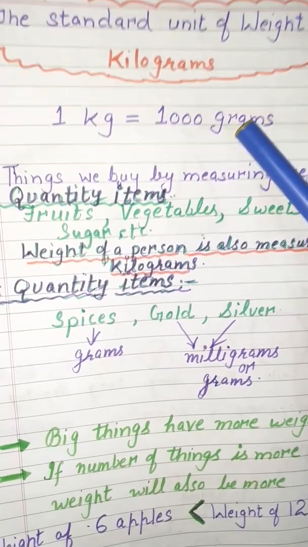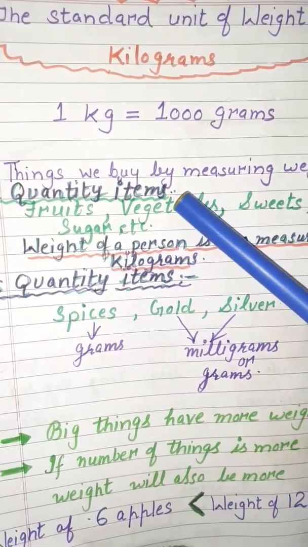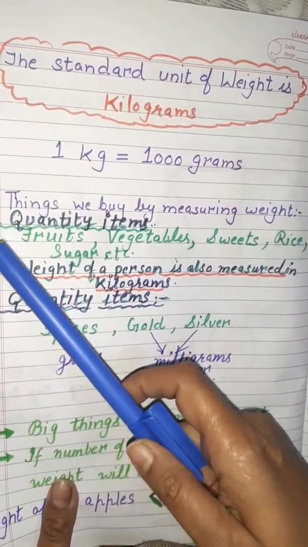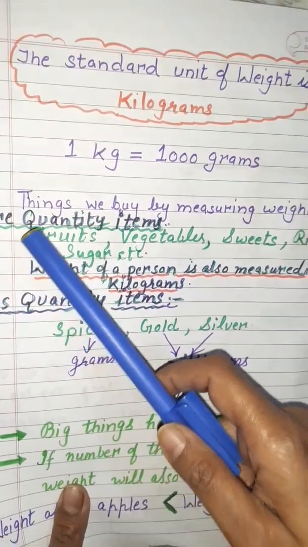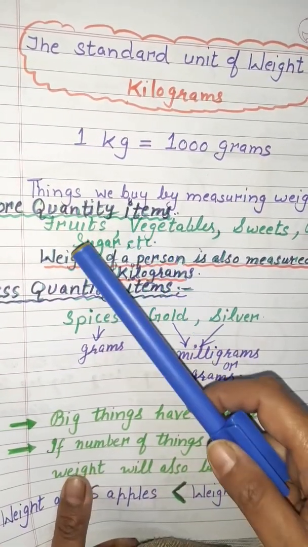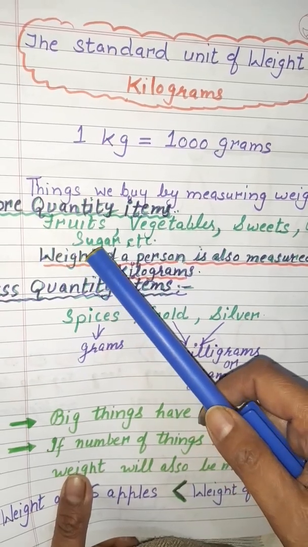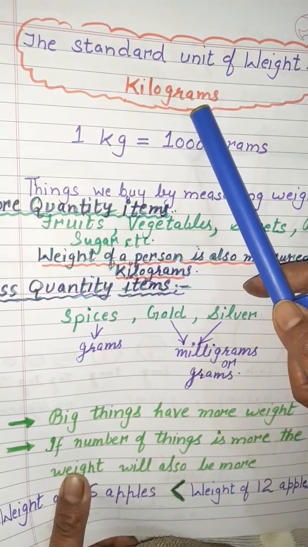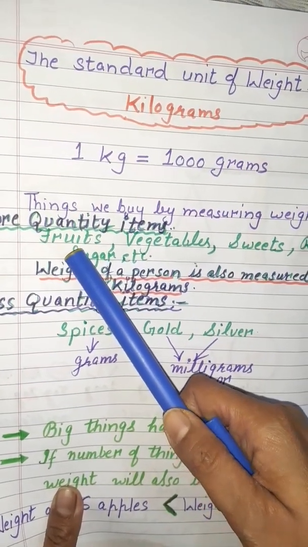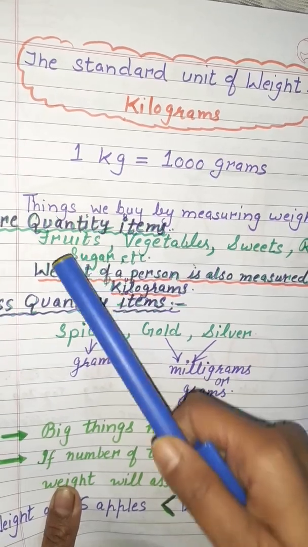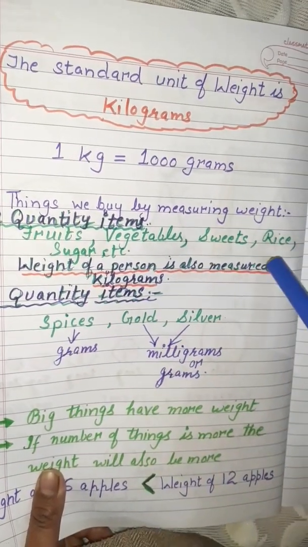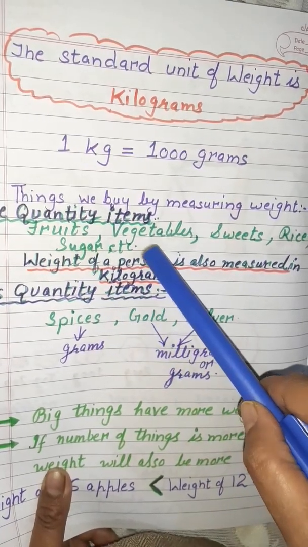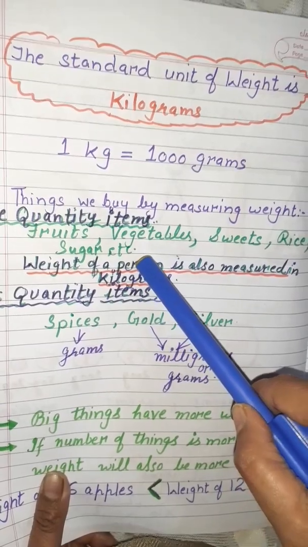Now let us learn the things we buy by measuring weight. Whenever we go to the market, if we want to buy more quantity of items, the weight of those items is measured in kilograms. So we use the bigger unit for those items. We buy in more quantity things like fruits, vegetables, sweets, rice, sugar, etc. The weight of these items is always measured in kilograms.